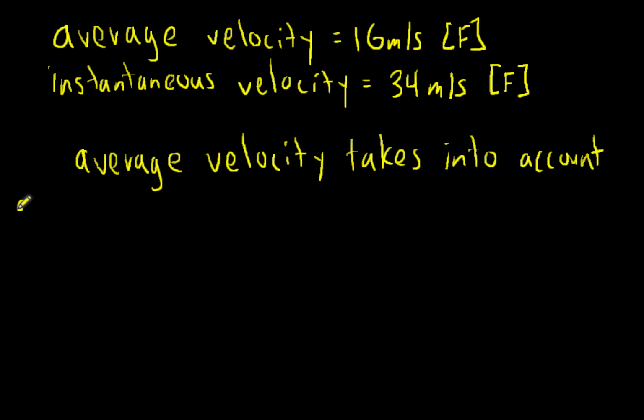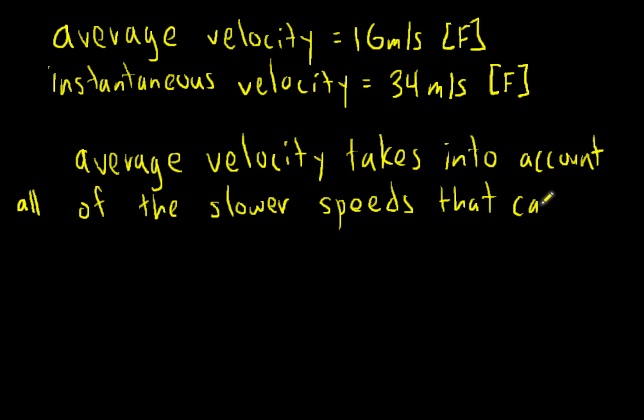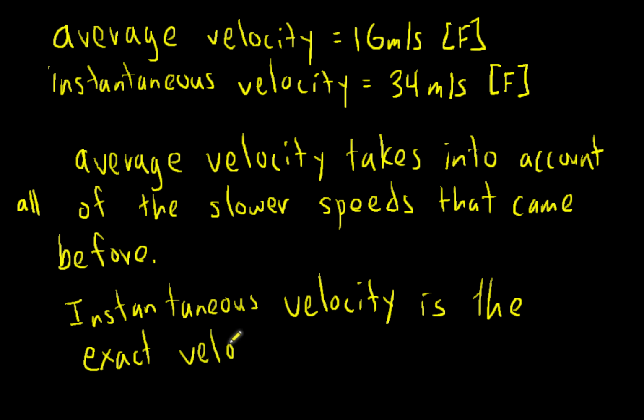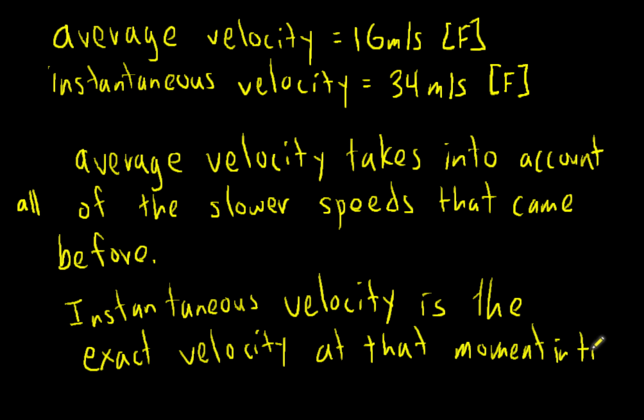So as the curve increased in speed, the average velocity still took into account the slower speeds that were at the beginning. This is why it's so much lower at 16 meters per second than the instantaneous velocity. The instantaneous velocity at 34 meters per second is much larger because it's the exact velocity at that moment in time. So we'd expect it to be different.